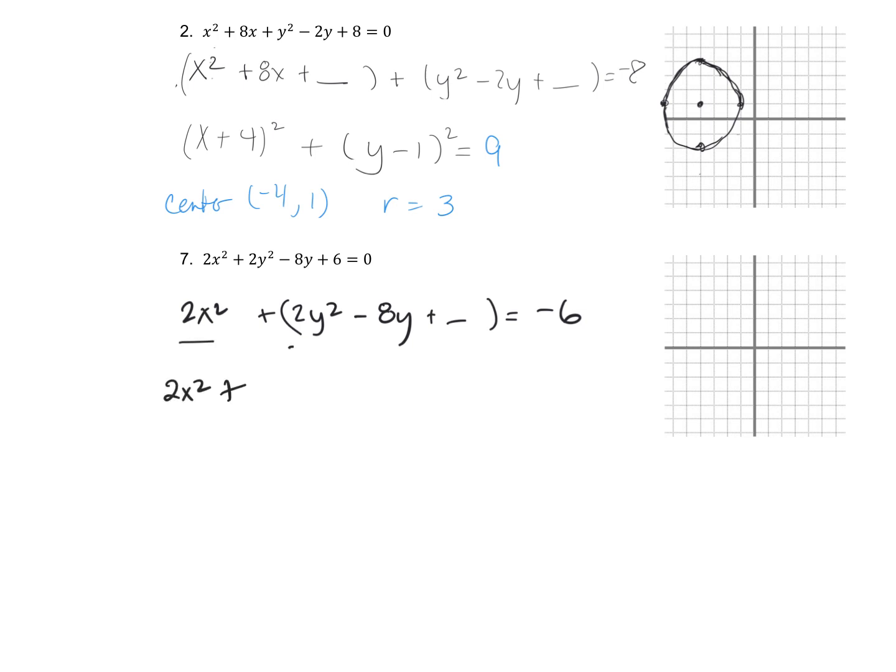Here, I'm going to take out a 2, and I wind up with y squared minus 4y plus, and so what's going to go here, a 4? And that means I must add what to the other side? 8. So be careful, you have to add 8, because we have this 2 and that 4. That means I need a plus 8. So we wind up with 2 times y minus 2, quantity squared equals 2.